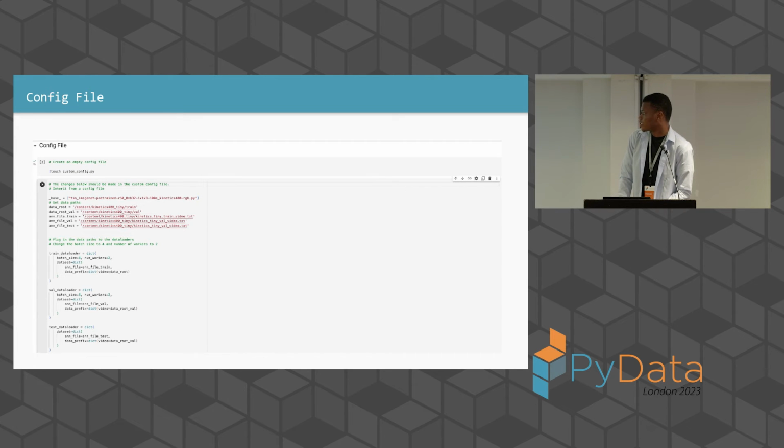Next would be the data loaders. The parts that I'm changing from the initial config are the batch size and the number of workers, as well as the ANN file path and data prefix. To provide more context, I think it's going to be good to open the other file side by side so you see what changes would be affected.